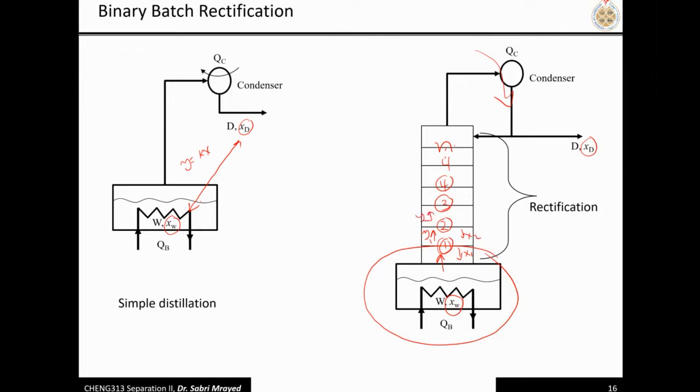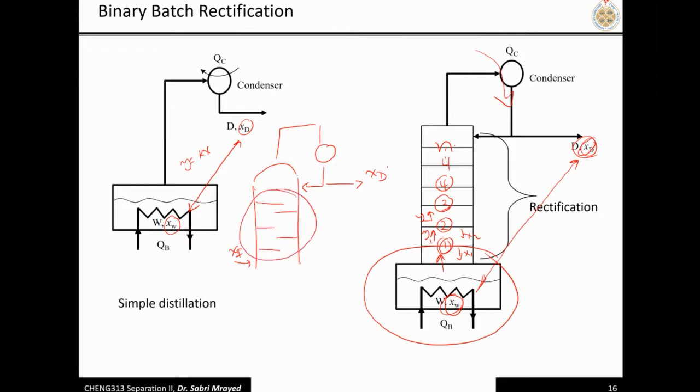So you see here xw has nothing to do with xd. But what do you think is going to be relating these two? From previous study, you remember when you have a distillation column, we have this xd and we have something called xf here. This one we call the rectification section.